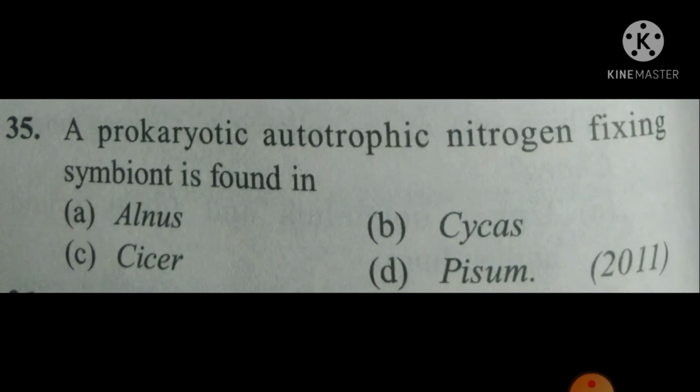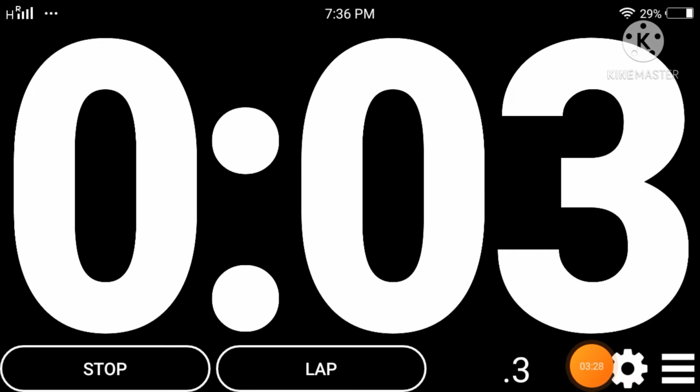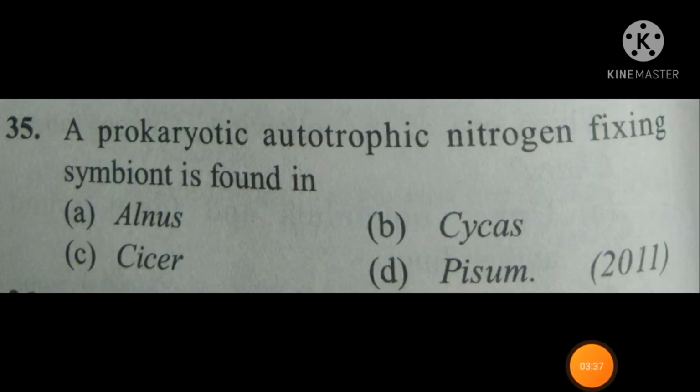A prokaryotic autotrophic nitrogen fixing symbiote is found in A. Alnus, B. Cycas, C. Sesbania, D. Pisum. So the correct answer for this is Cycas.